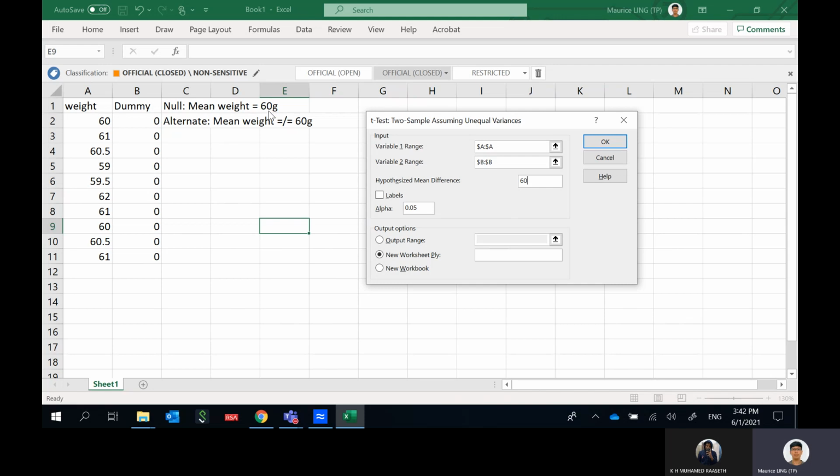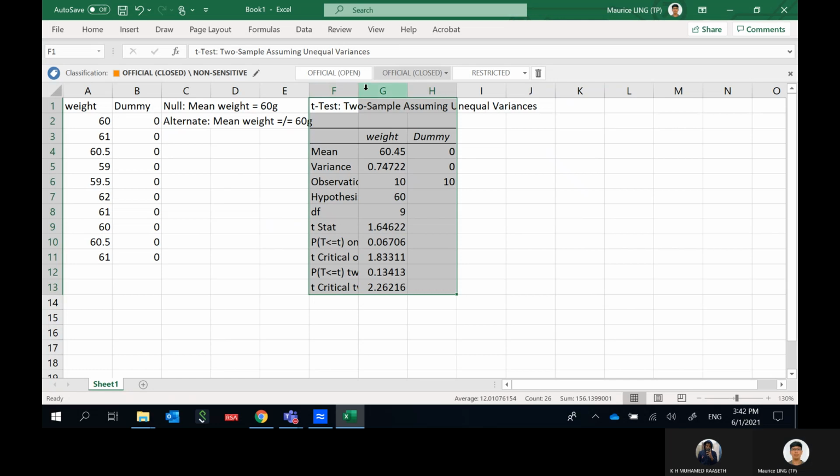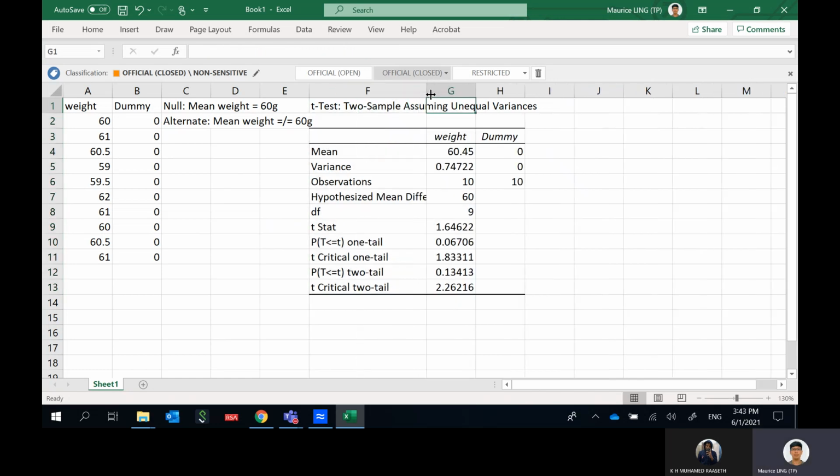After that, because we selected the labels, click on labels. For output range, pick another empty cell, then click OK. You have to know how to get the data analysis tool yourself. We are not going to help you during the test or exam.